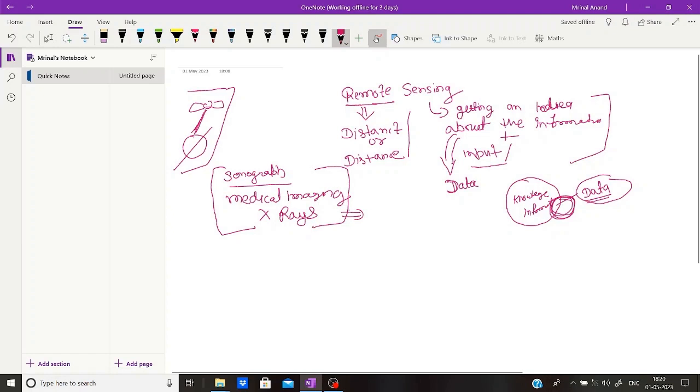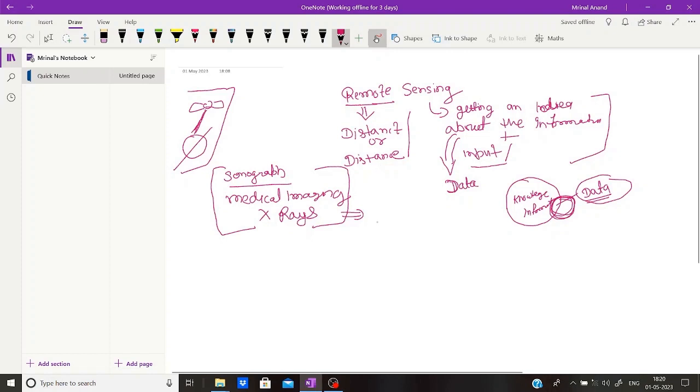It is not only about satellites or communication processes. If anything is at a distance from you, and you are trying to analyze it from a distant place, then that process is also known as remote sensing.